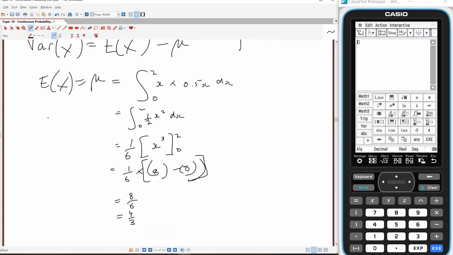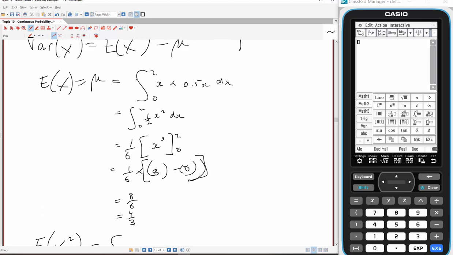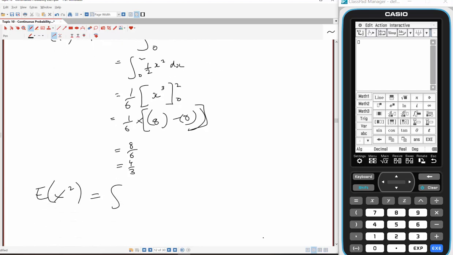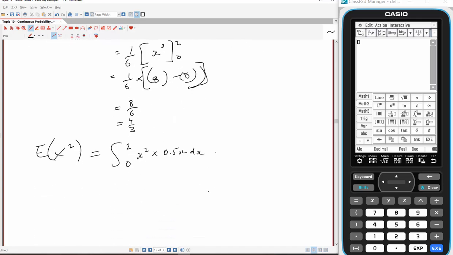Now what we need to find is E of X squared. That's pretty simple. Instead of using x by this, all we do is use x squared there. So it's going to be the integral from 0 to 2 of x squared times 0.5x dx. Let's just check that.